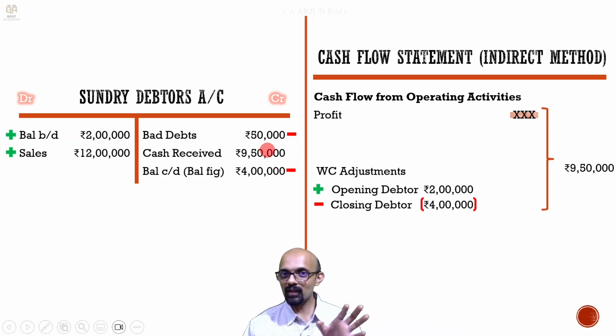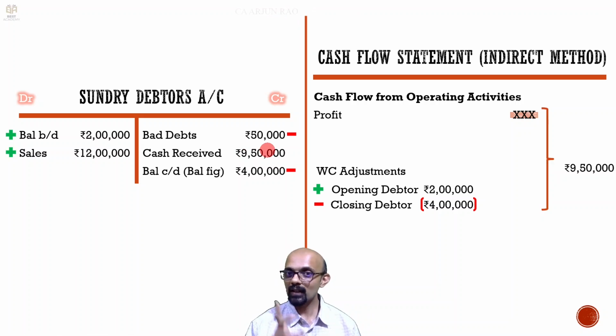So don't just remove an expense because it is a non-cash expense. You need to check which account it relates to. Second point, increase in debtors is to be subtracted. Conversely, decrease in debtors will be added, and then again increase in creditors added, decrease in creditors subtracted, right?